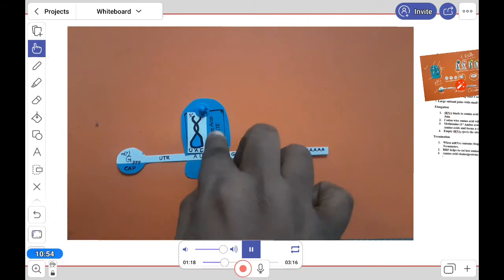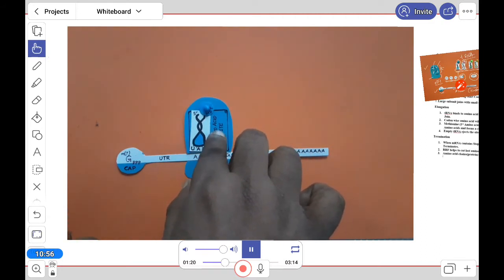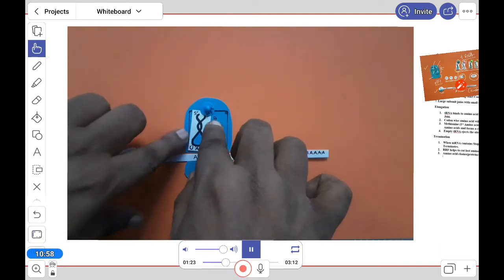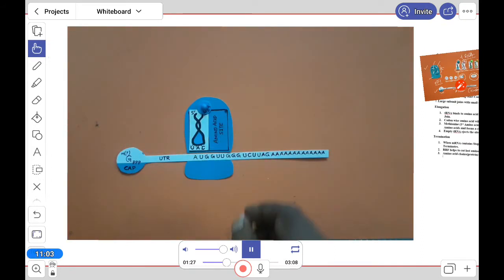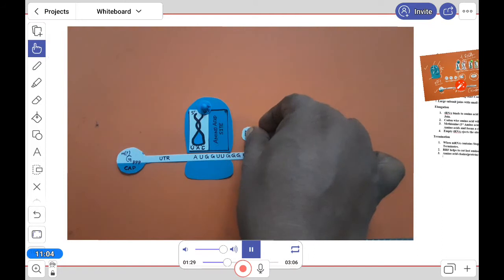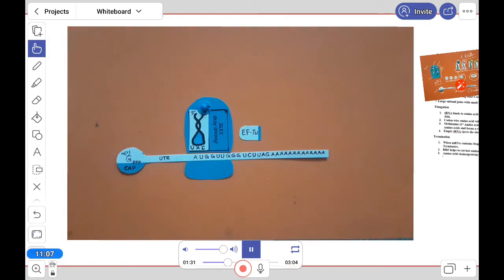Now next, here at the amino acid site, amino acids will come one by one. For that, the next part is the elongation factor. It helps the tRNA enter the amino acid site. So the GUU codon will be read by the anticodon.